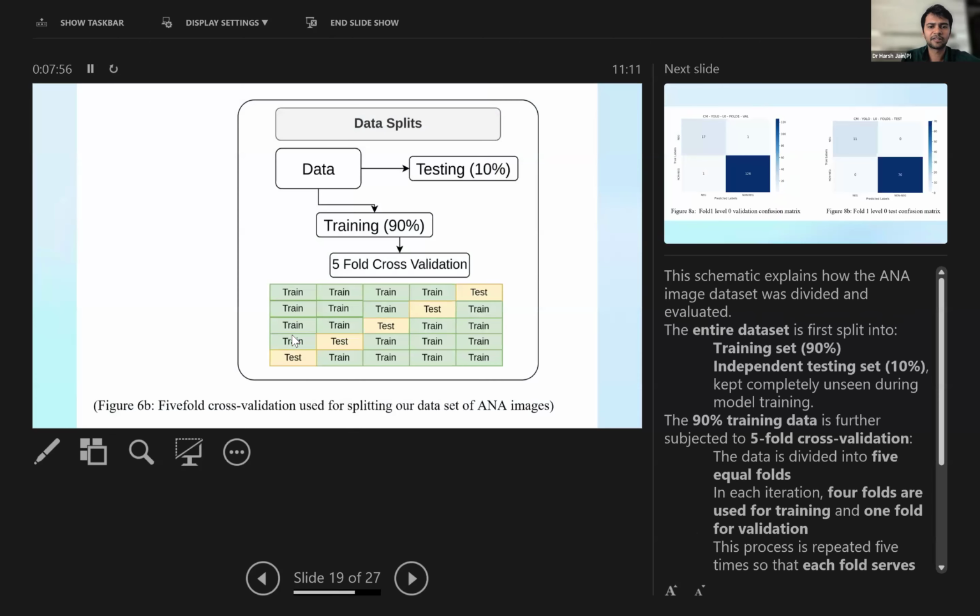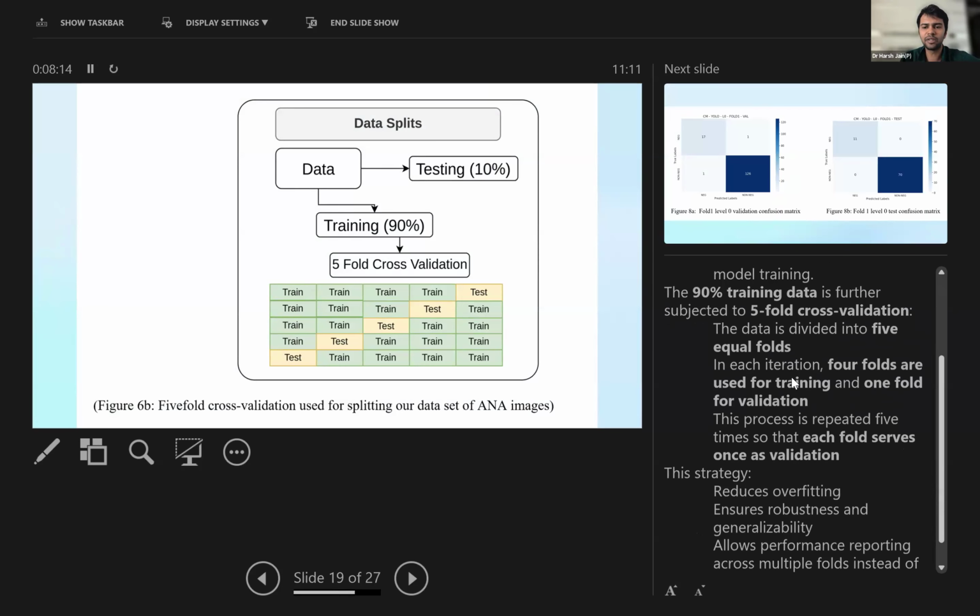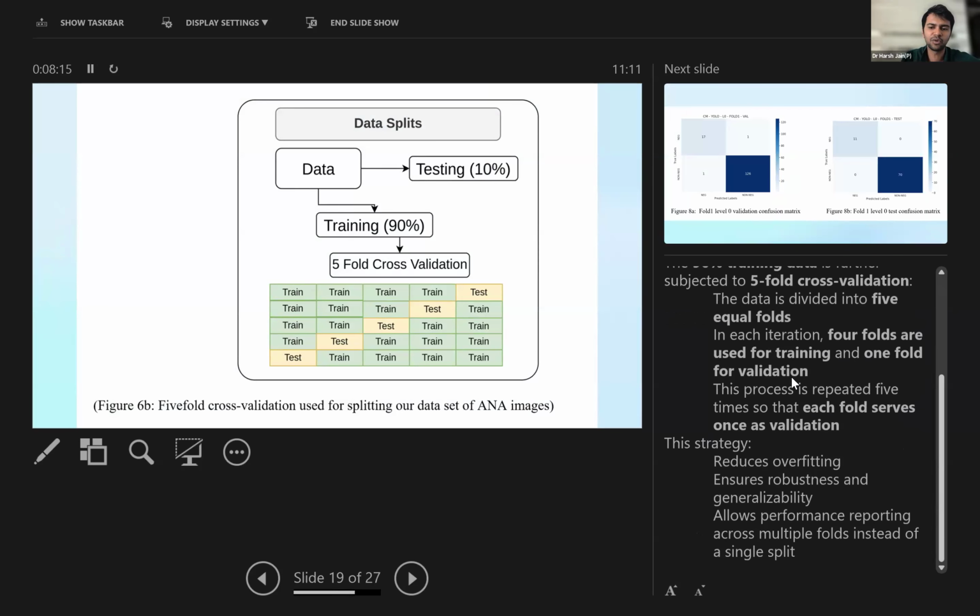So coming on to data splitting. We had 803 samples. We divided them into 5 different folds because 4 sets were chosen to train and 1 to test, in the ratio of 90 to 10. We do this because it reduces overfitting.